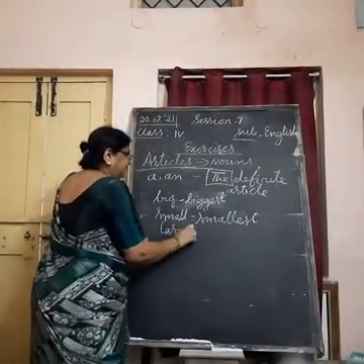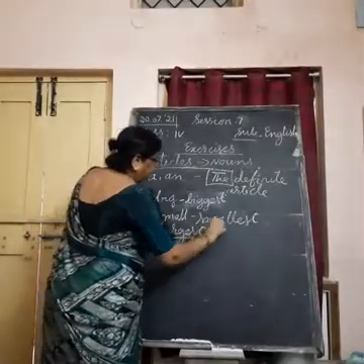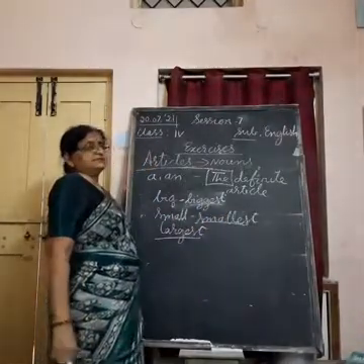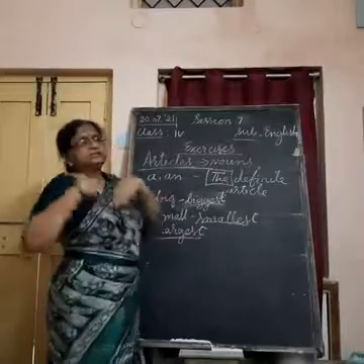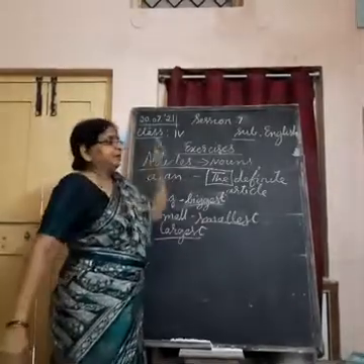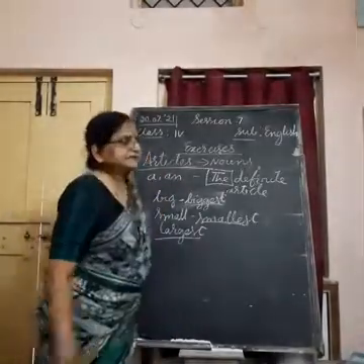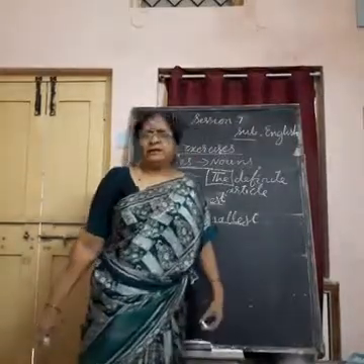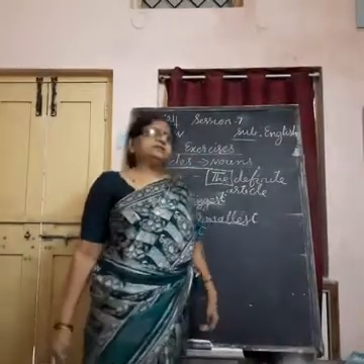Understand? In this way we use. Here what we use, when we use this EST forms, when there is no any comparison further. For example, I can say Ravi is a clever boy in my class. Rahul is cleverer than Ravi.